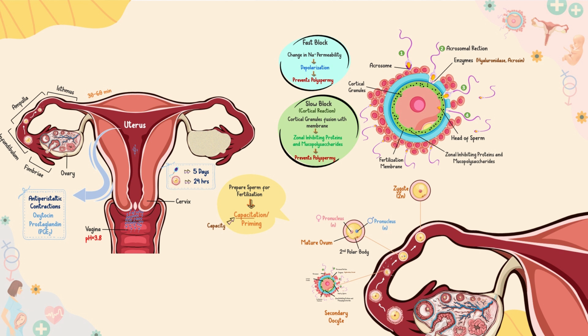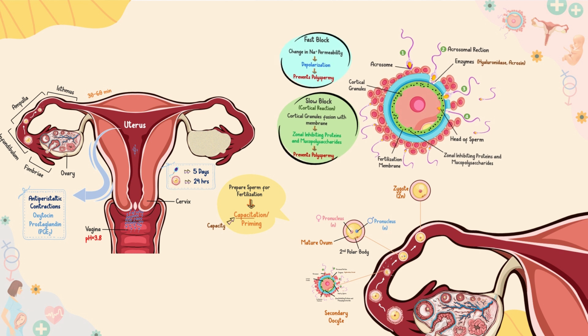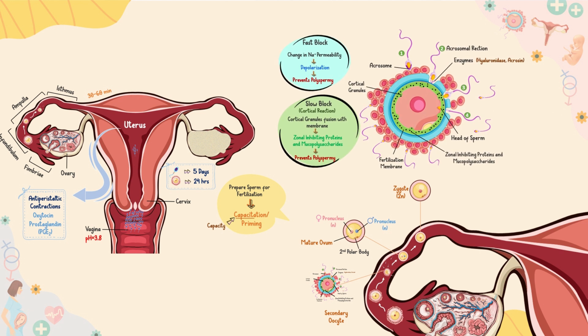Many sperms have role in clearing the path through zona pellucida by releasing enzymes from the acrosome. As soon as one of the sperm penetrates its head into the oocyte, series of changes occur to prevent any other sperm from penetrating.